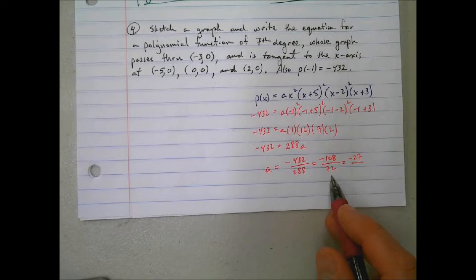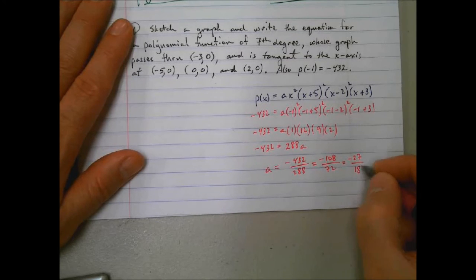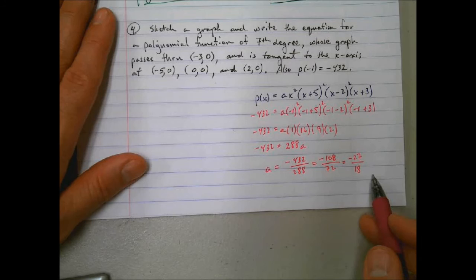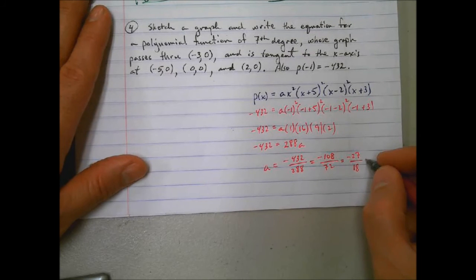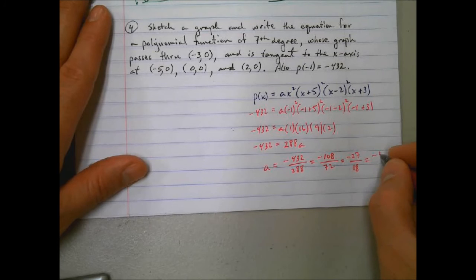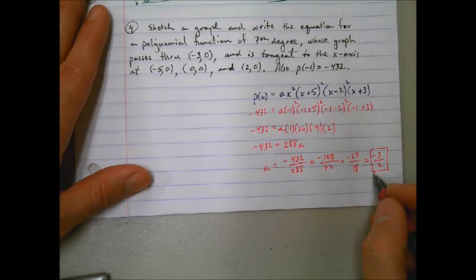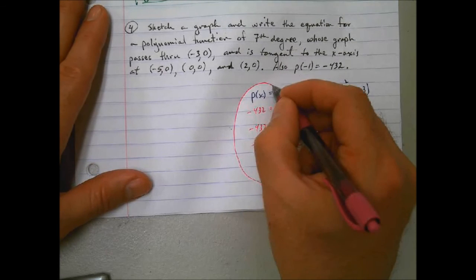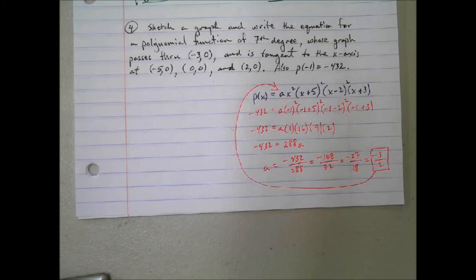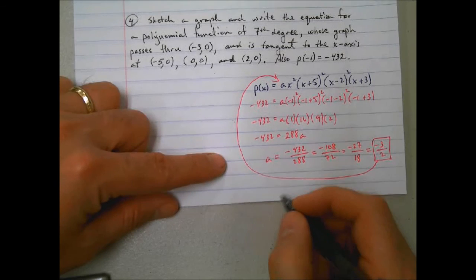And 4 goes into 72, 18 times. And okay, now we can see 9 goes into the top 3 times, and 9 goes into the bottom twice. Okay, so a is negative 3/2.